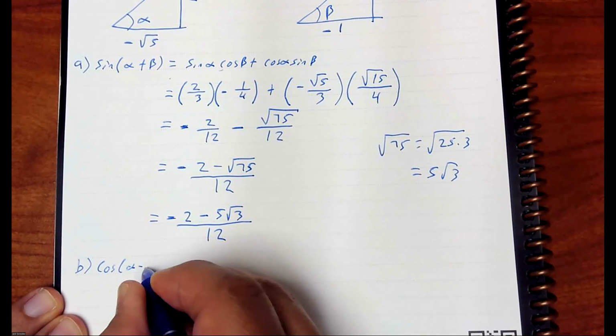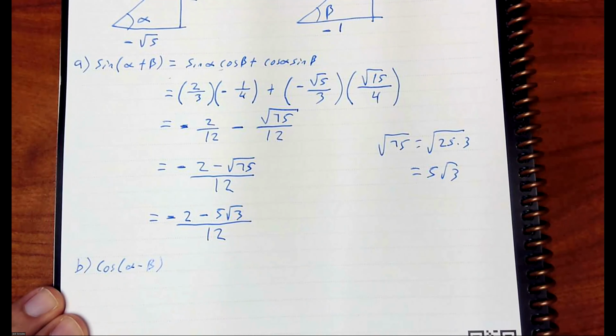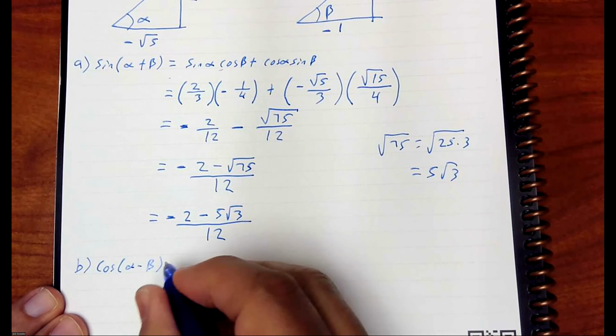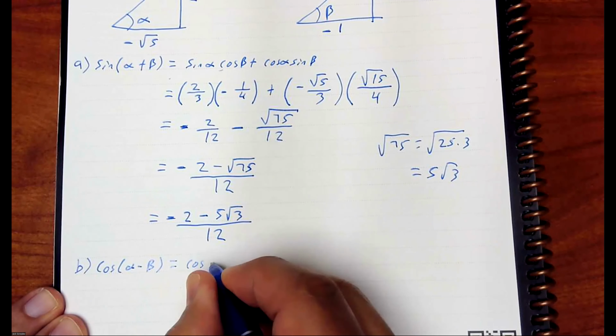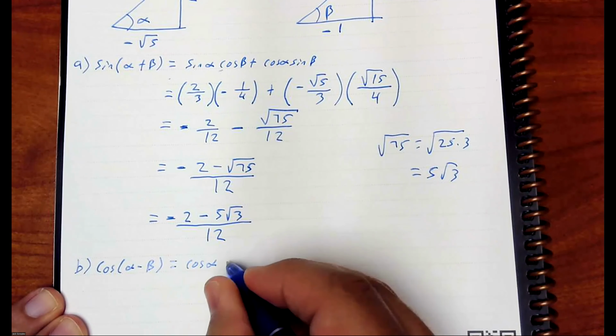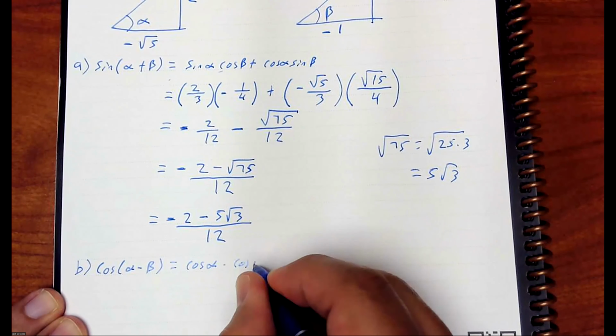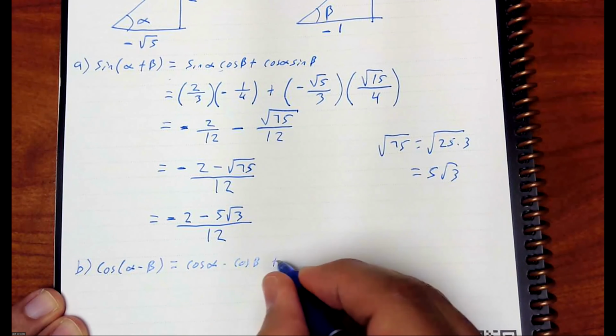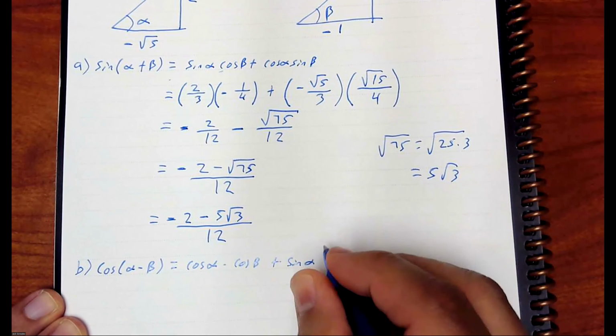Cosine alpha minus beta. I wrote the formula down earlier. That's equal to cosine alpha times cosine beta plus sine alpha sine beta.